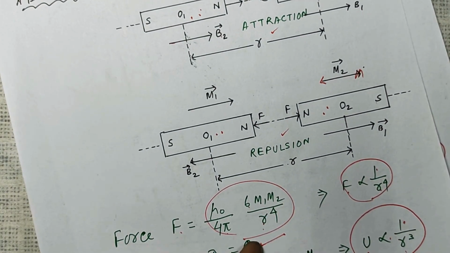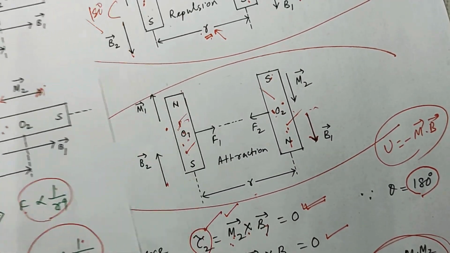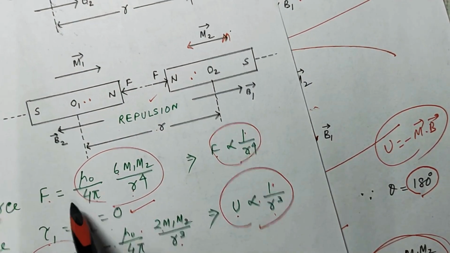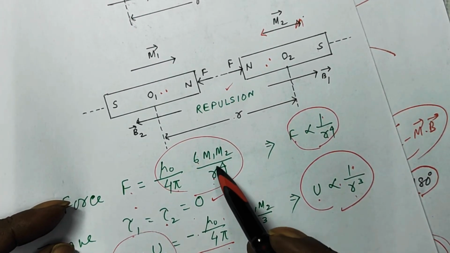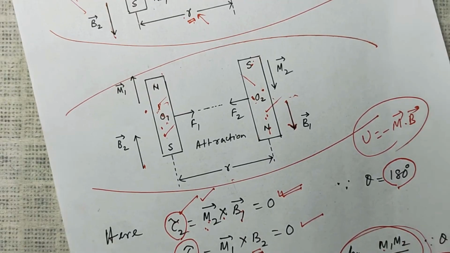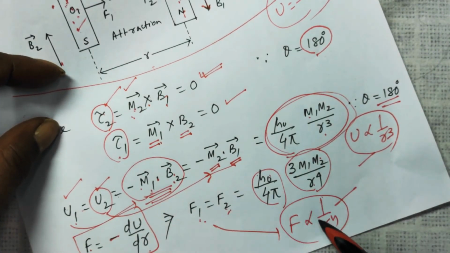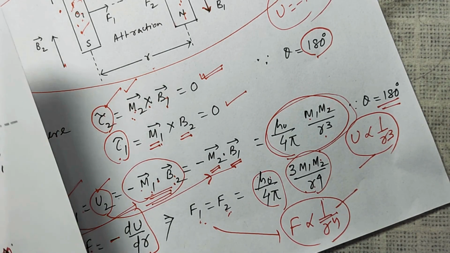Here also the force was the same. In lesson 12, force is proportional to 1 by r to the power 4. Here also force is proportional to 1 by r to the power 4, but the force here and the force in lesson 12 are not equal. That you have to remember.